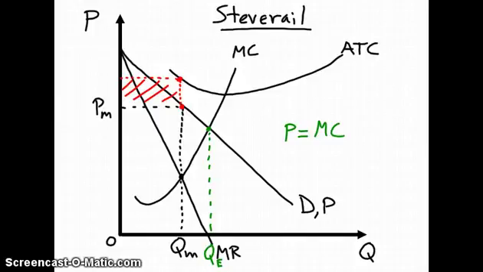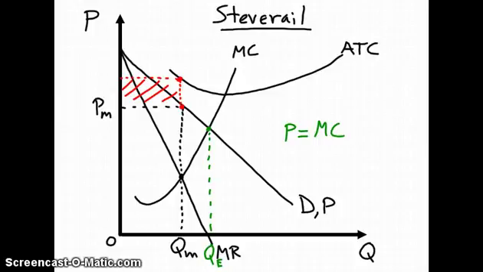We know that it's elastic at QM because the marginal revenue is greater than 0. And if you picture the rubber band in the elastic range, if the price rises, total revenue is going to decrease. The rubber band, one hand goes up, the other goes down because the rubber band is elastic.